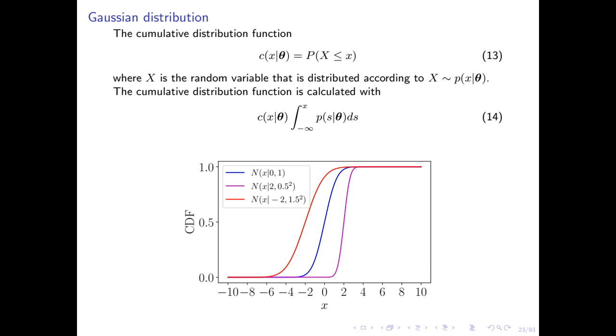We can use this plot to ask the question, what is the probability that we will observe a value of x smaller than a number? The probability that x is smaller than 10 is 100%. The probability that x is smaller than -8 is 0% for all three models. Here, it will be different for the three models depending on the shift. So this is if we want to calculate probabilities.